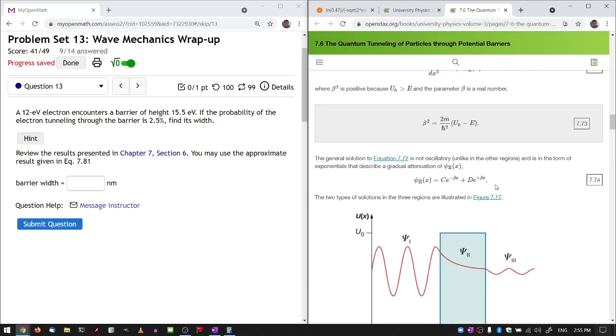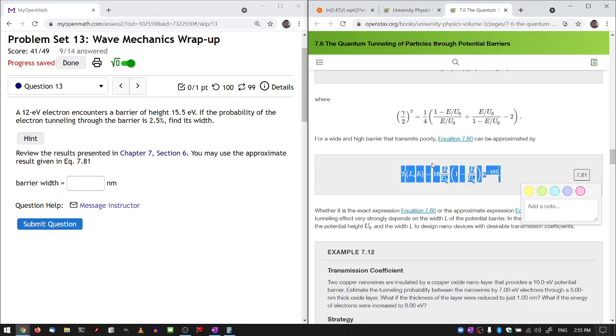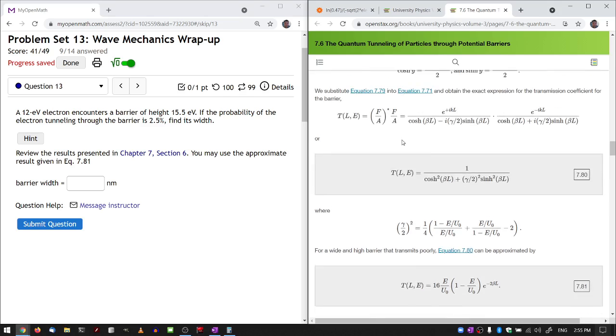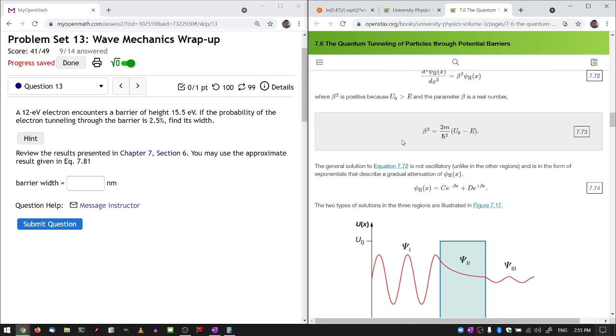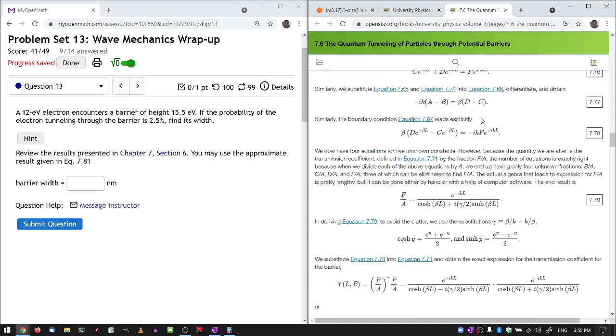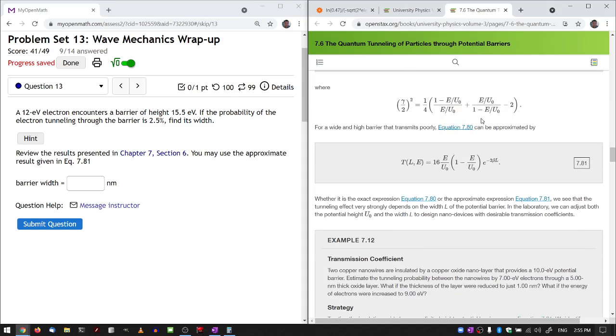That beta was defined in terms of that. So take the square root of that, and then you can solve for it.